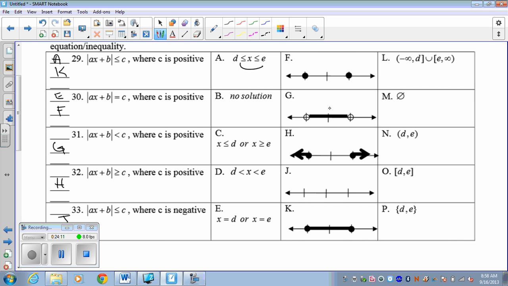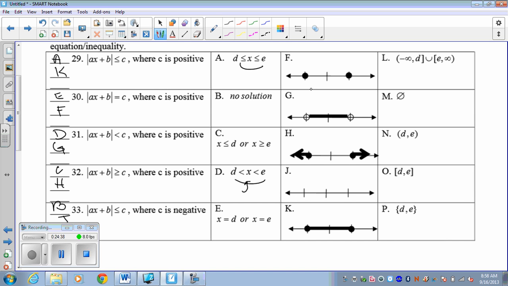Well, g turns in with open circles, so I've got to be stuck in between two numbers but no equal sign. Here I am stuck in between two numbers with no equal sign. So that's d. h is 2 separate inequalities with an equal sign, closed circle. So that's c, 2 separate inequalities, which leaves b for no solution.